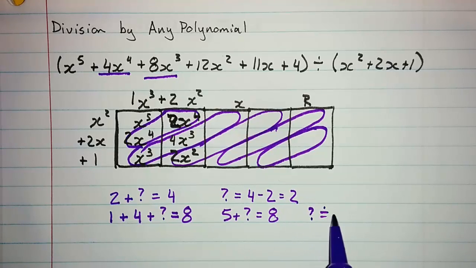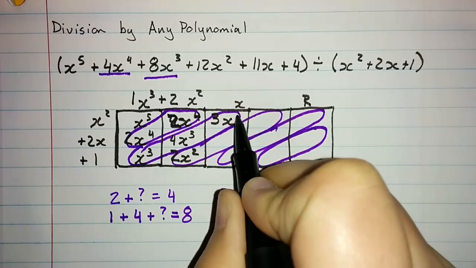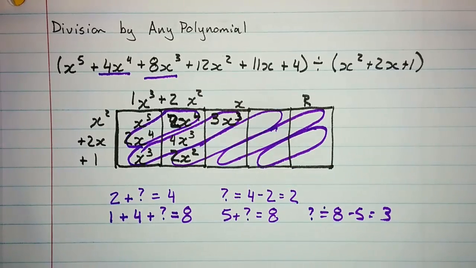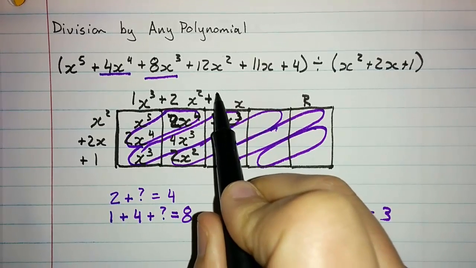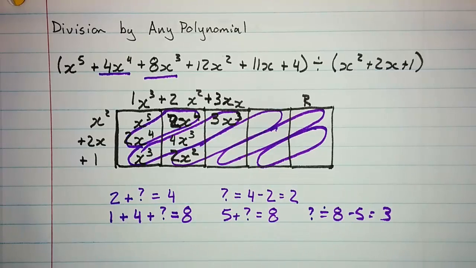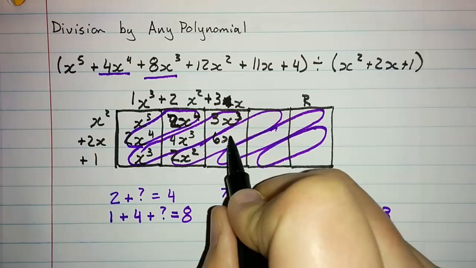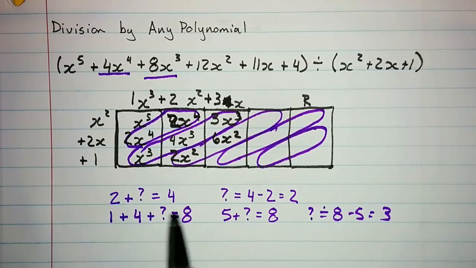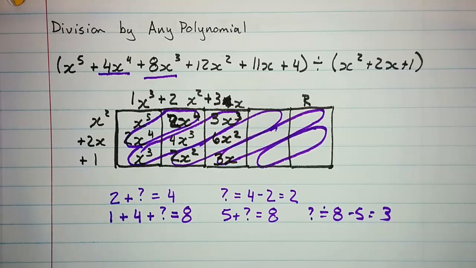What is 8 minus 5? Well, it's 3. So I must have a 3x cubed up here. What times x squared will give me 3x cubed? It must be 3x. 3x times 2x is 6x squared. 3x times 1 is 3x.